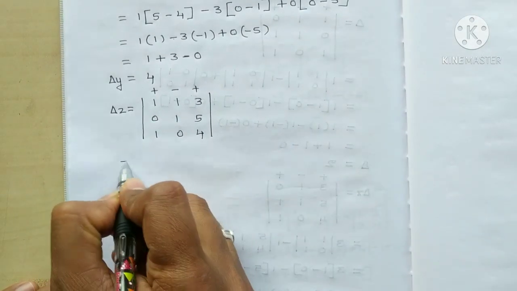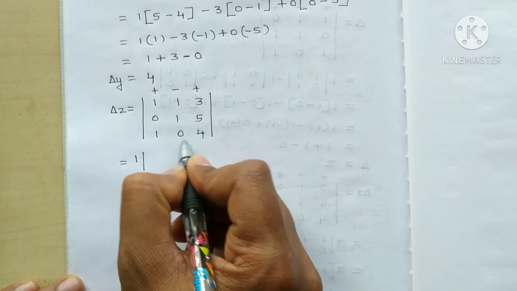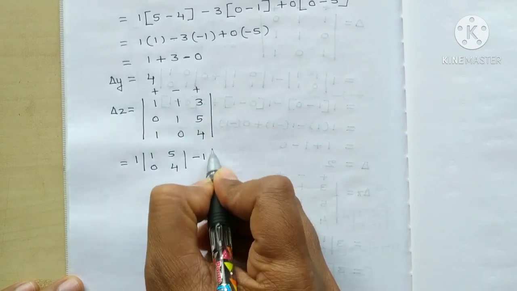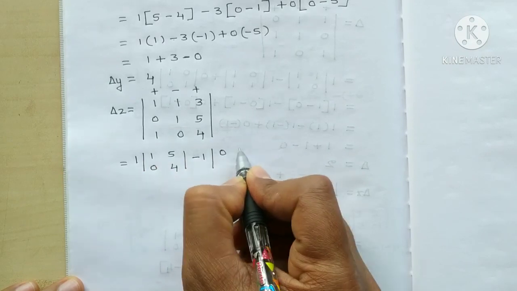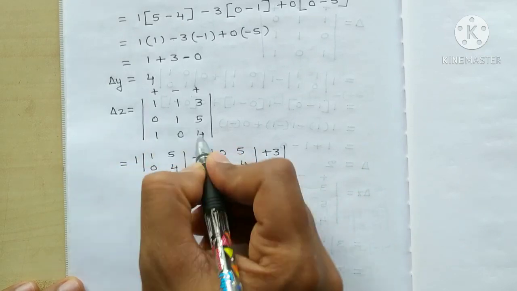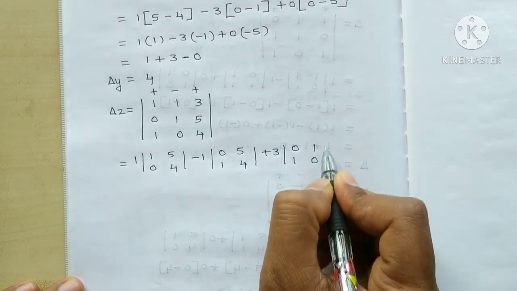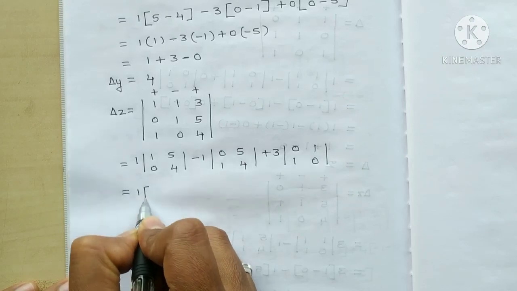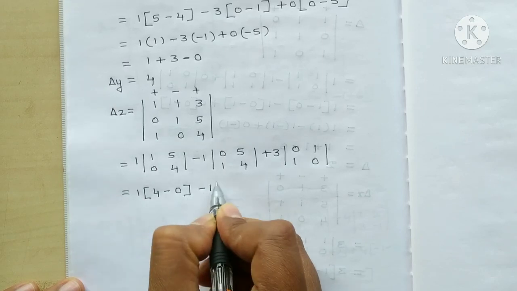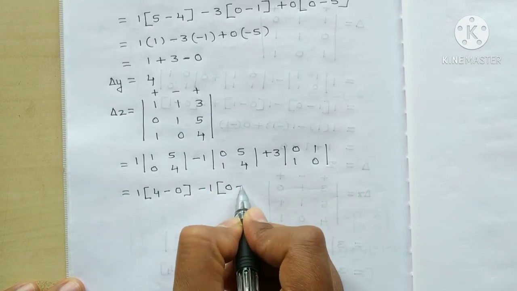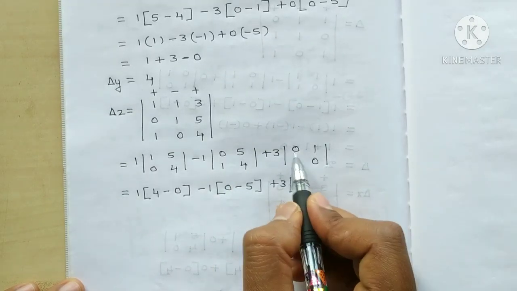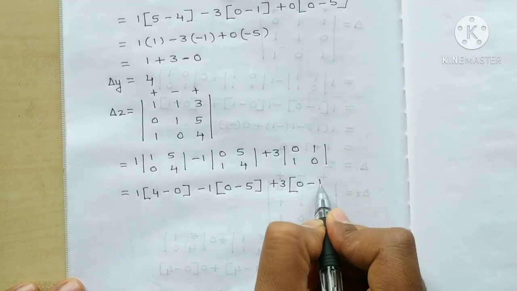So which is equals to, again 1 into 1, 5, 0, 4. Next, minus 1 into 0, 5, 1, 4, plus 3 into 0, 1, 1, 0. Apply the rule. So 1 into bracket, 1 into 4 is 4, minus 0 into 5 is 0. Minus 1 into bracket, 0 into 4 is 0, minus 1 into 5 is 5, plus 3 into bracket, 0 into 0 is 0, minus 1 into 1 is 1.